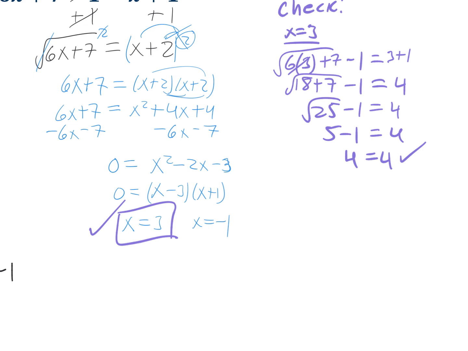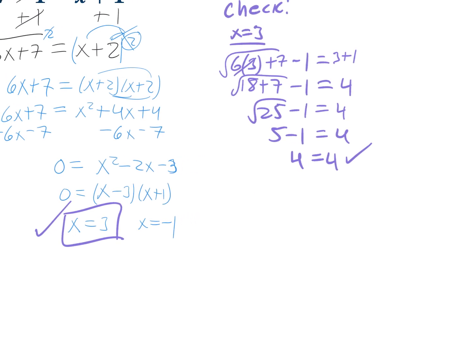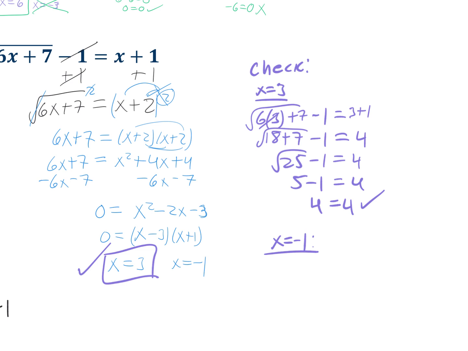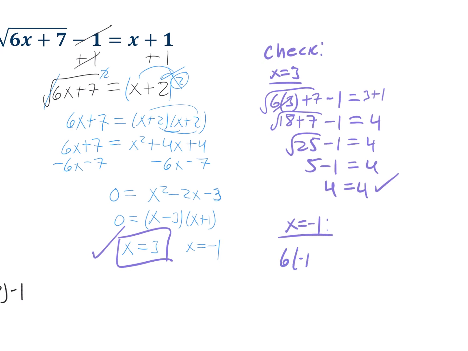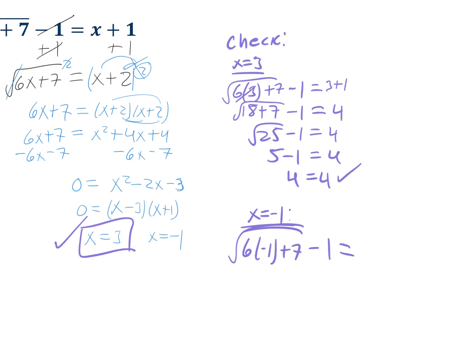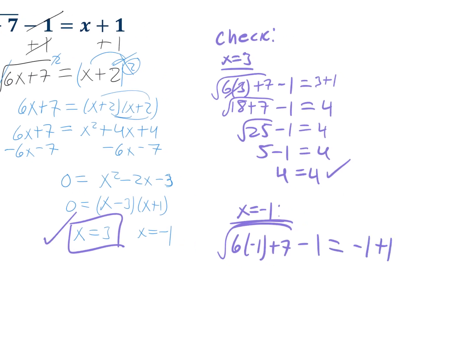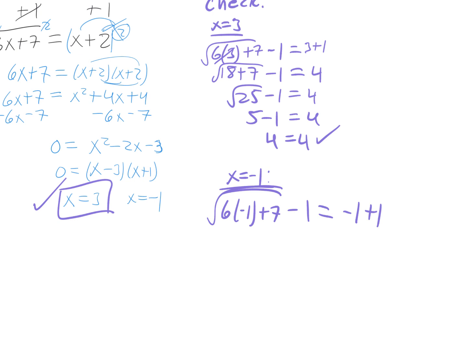Now let's do the same thing for x equals negative 1. We should get the square root of 6 times negative 1 plus 7, minus 1 equals negative 1 plus 1. 6 times negative 1 is negative 6, plus 7, all under a square root, minus 1.